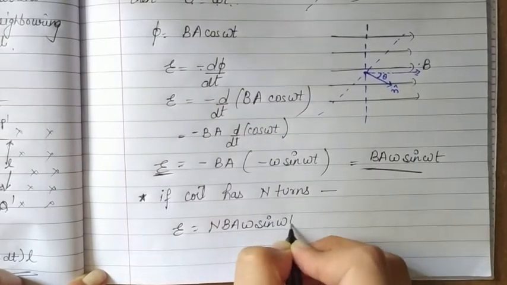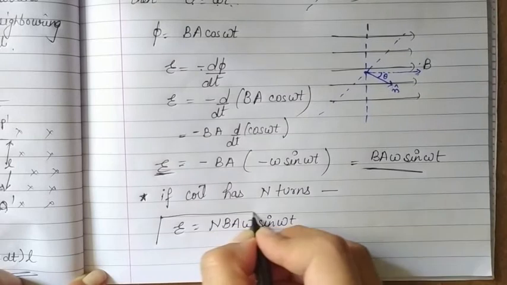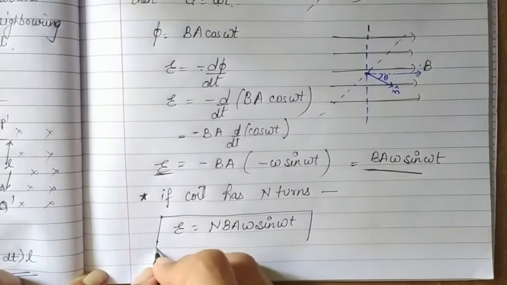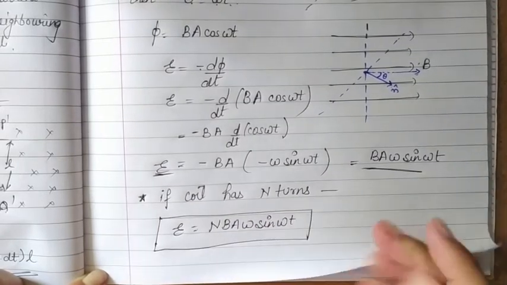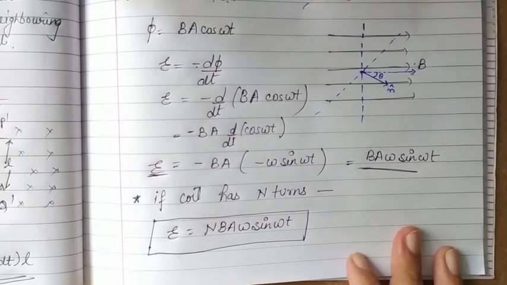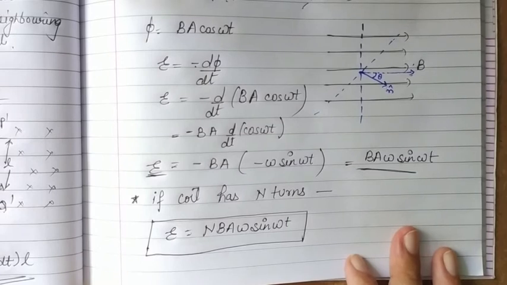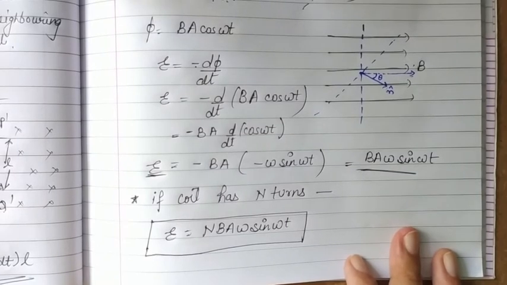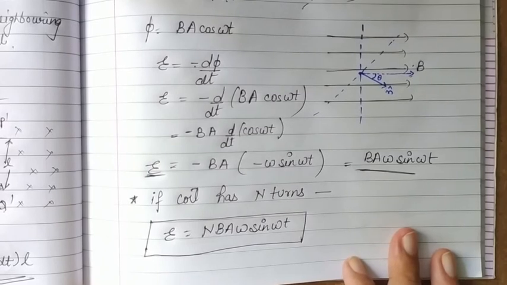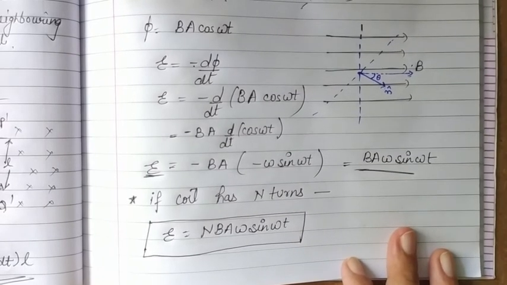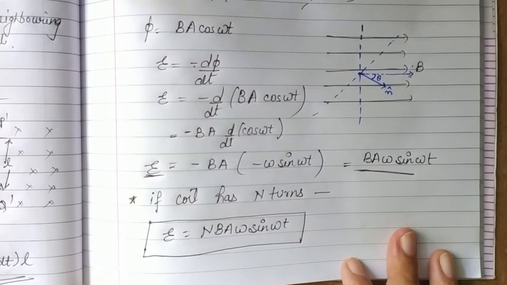Meaning the EMF that is set up in one turn, for N turns becomes N times that one turn EMF. So epsilon is equal to NBA omega sine omega t. So that's how we can generate induced EMF in a coil. These are the methods for generating induced EMF in a coil.